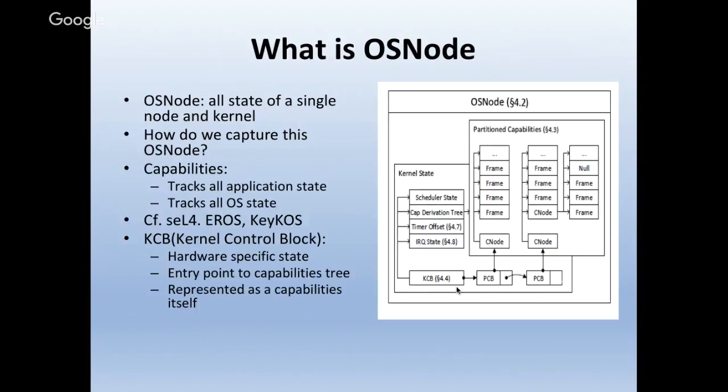So in this paper, they use a partitioned capability system to explicitly capture the OS node, meaning the entire per-core state in a single data structure. First, I want to introduce the frame and CNode in the partitioned capabilities.